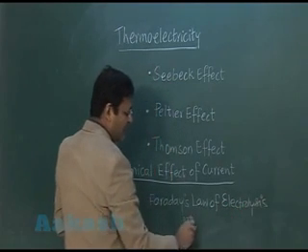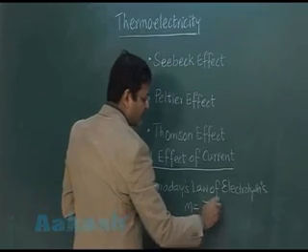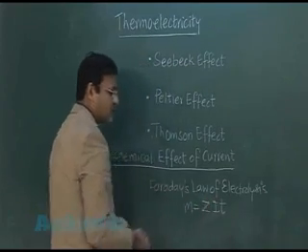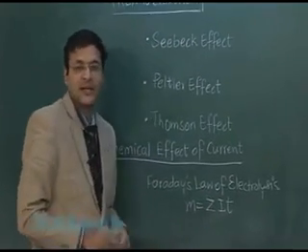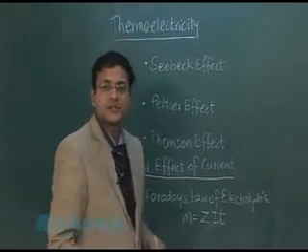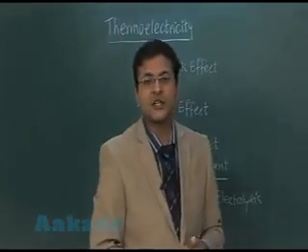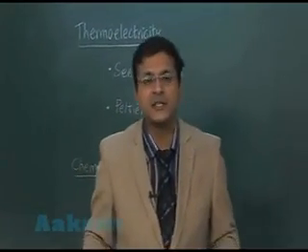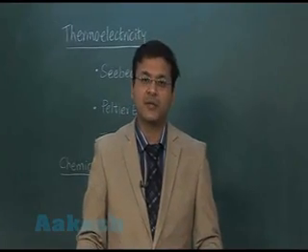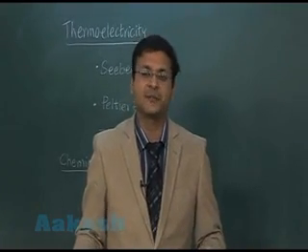The single formula we used in this electrolysis was M is equal to ZIT. So that is all in today's lecture, and simultaneously that brings you to the end of the chapter on current electricity.